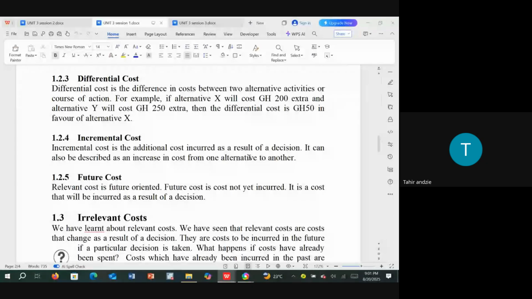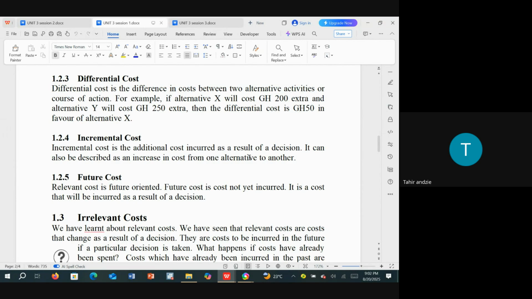So incremental cost is, for example, if we have a machine that we are using, which costs 100,000, and we now think that we need to buy a new machine that will have a higher capacity, and we intend to dispose of the old machine to acquire the new one. The old one costs 100,000 and the new one will cost 120,000.